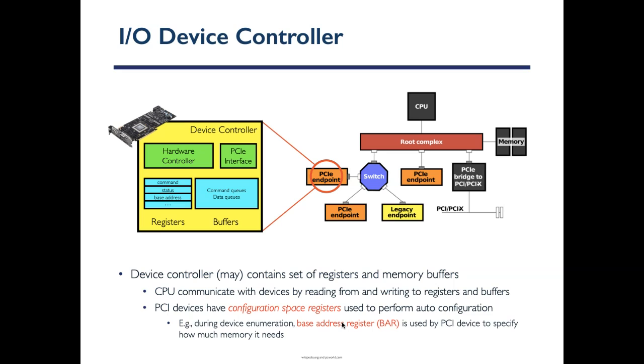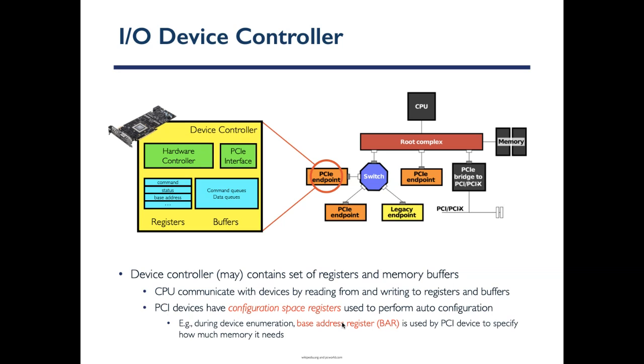Initially, when you turn on your system, what you can read from the base address register is how much memory this device is asking the operating system to allocate, how much memory it needs in the physical memory.